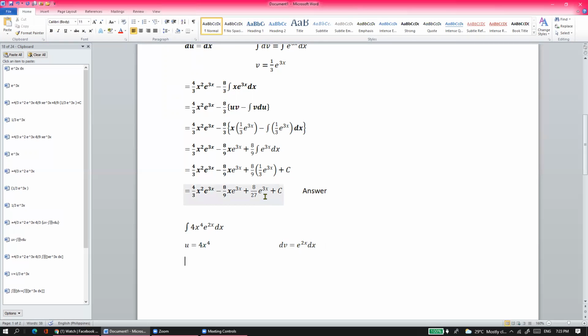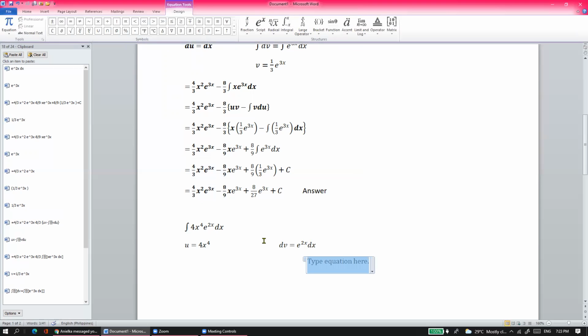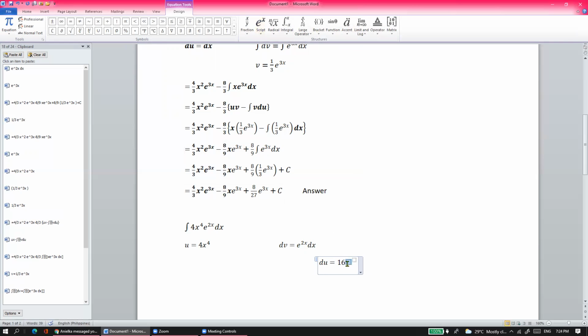Now, du is what? What do you think is the value for du here in this situation? Pakidictate nga. du is equal to 16x cube po. 16x cube. Okay, very good. So, tama yon. So, 16x cubed dx.